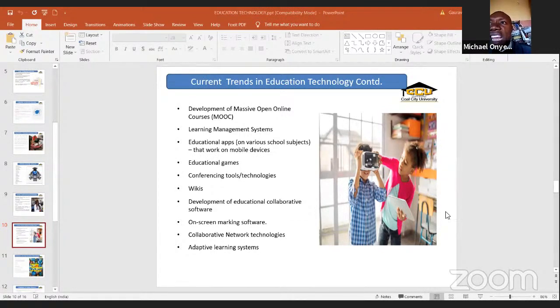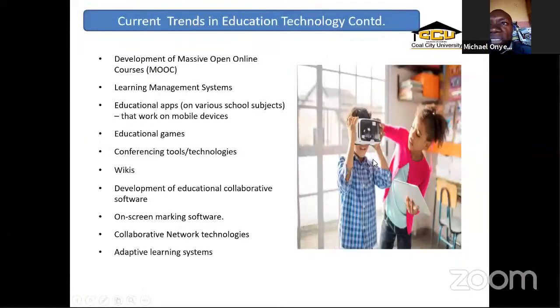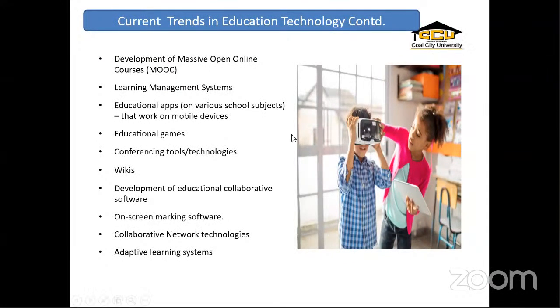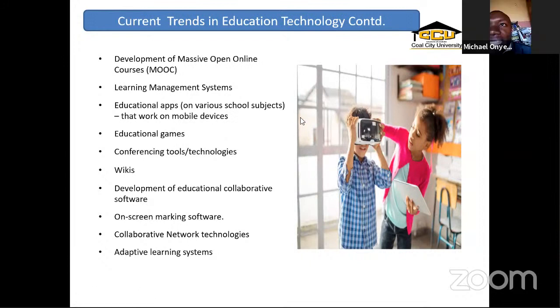For instance, people are looking at customized technologies based on certain areas of subject or concept. For instance, mathematics software that can help people to learn mathematics or sciences from home.